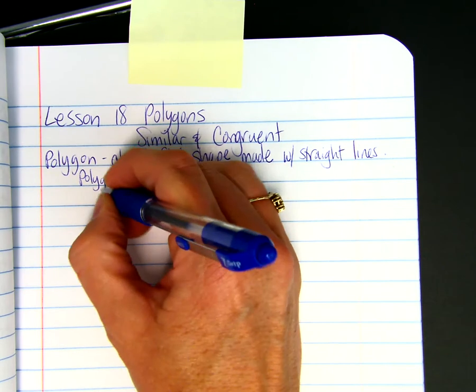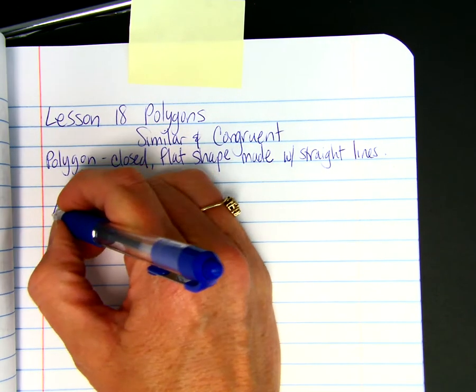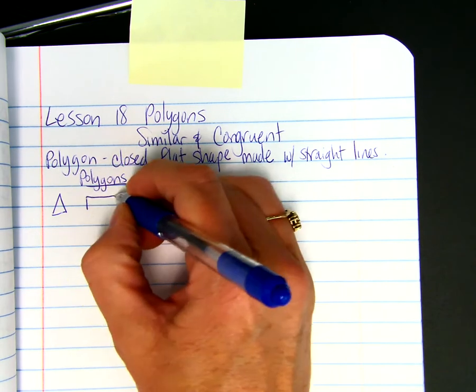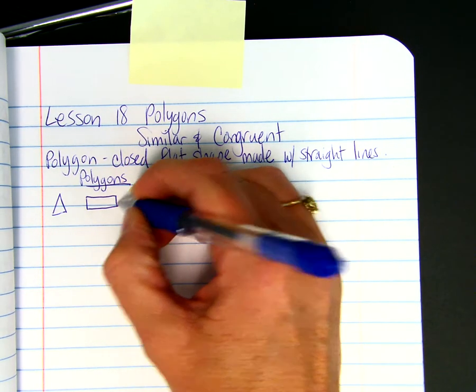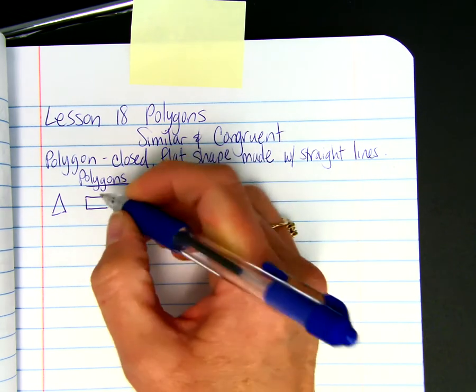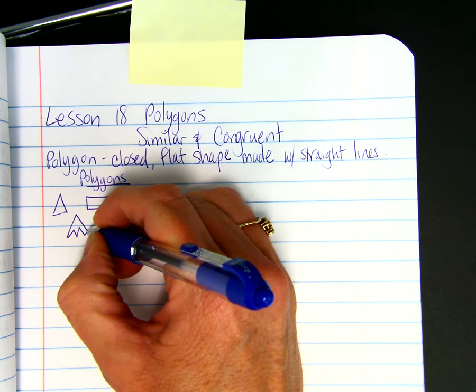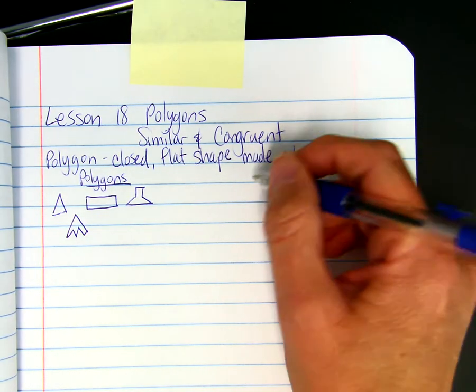So some examples of polygons would be some of these here. Those are all polygons.